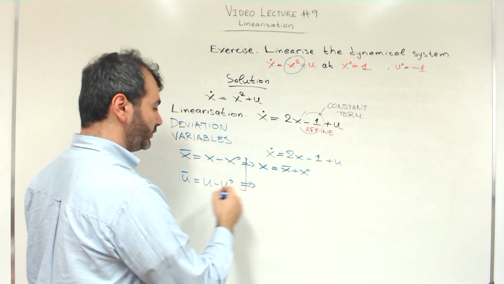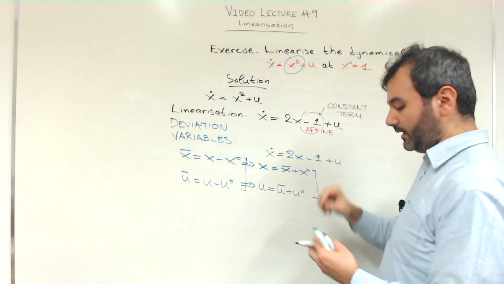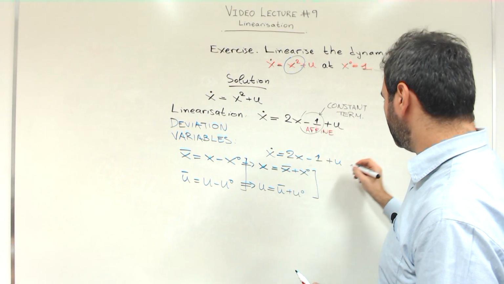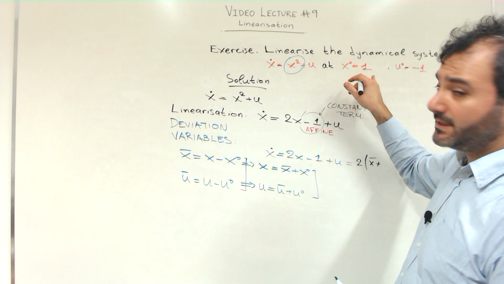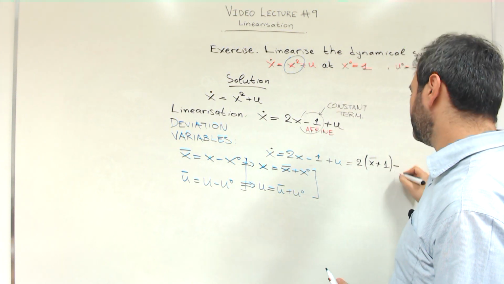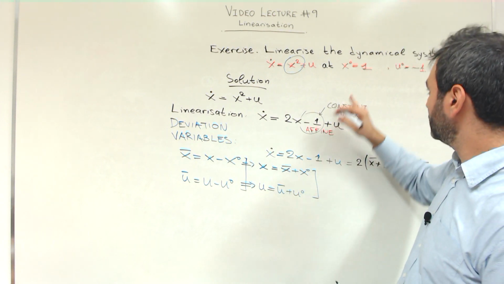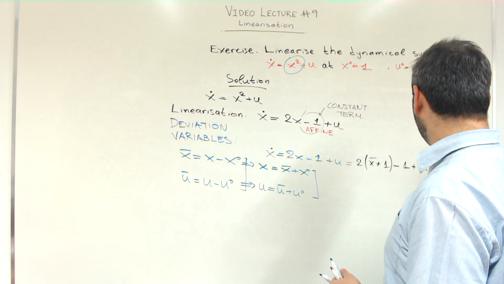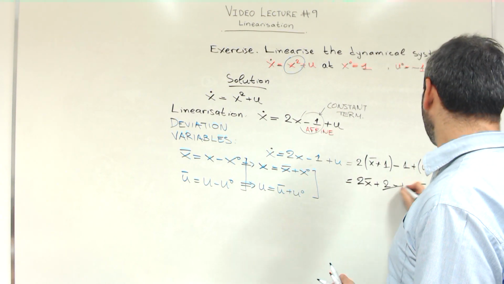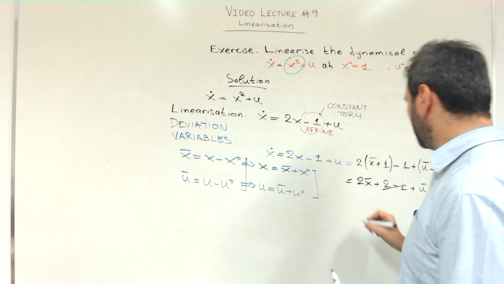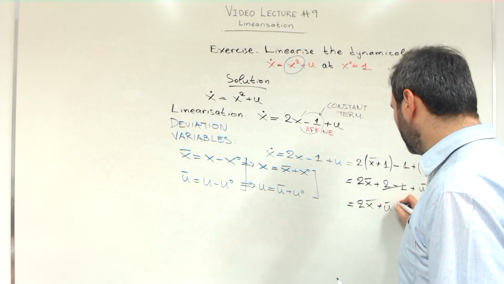Similarly, I can do the same for u, and I can replace now x by x bar plus x0. x0, of course, in this exercise is equal to 1. And then u bar plus u0, so u bar plus minus 1, so u bar minus 1. 2 minus 1 is 1, minus 1 is 0, and overall we have 2x bar plus u bar.